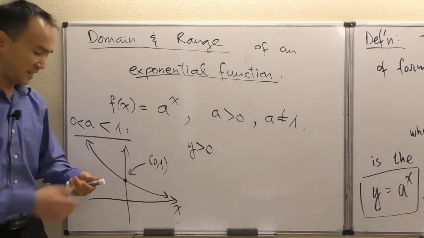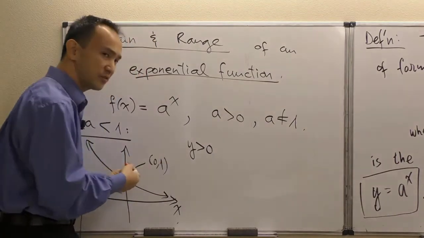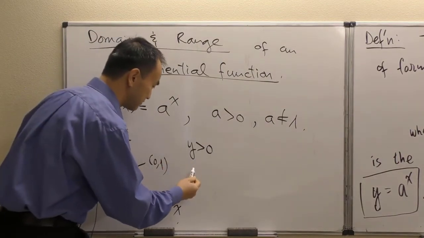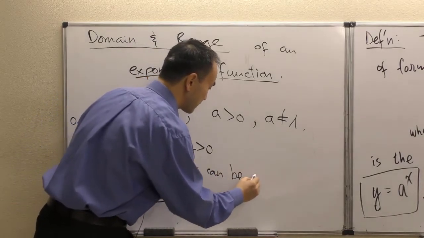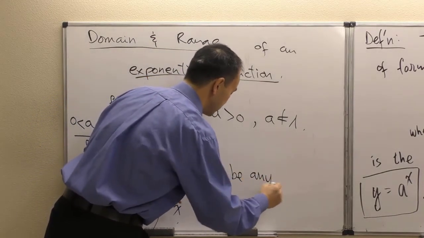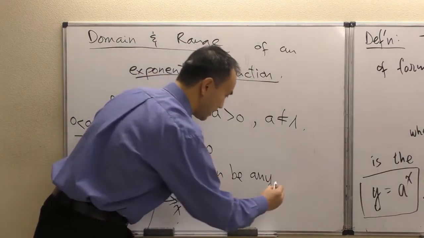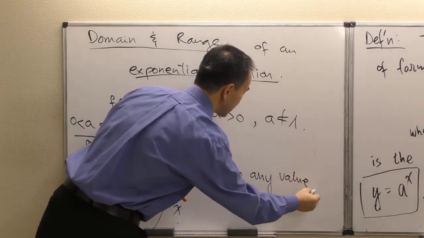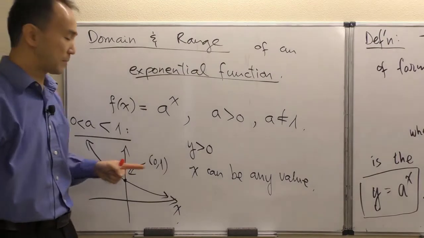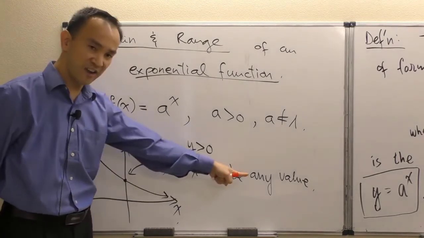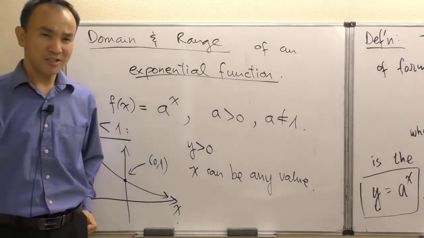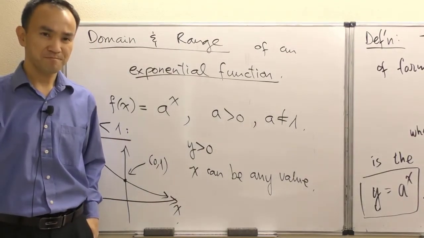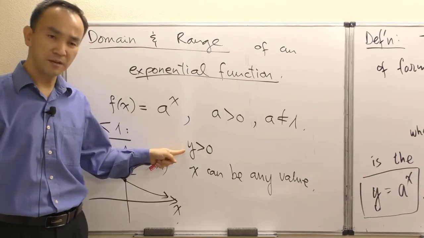That same observation I pinpointed earlier, I'm repeating one more time. The x inputs can be any value, because x is symbolically representing the inputs. So input can be any value, but output has to be positive. Inputs can be any value, and output has to be positive.